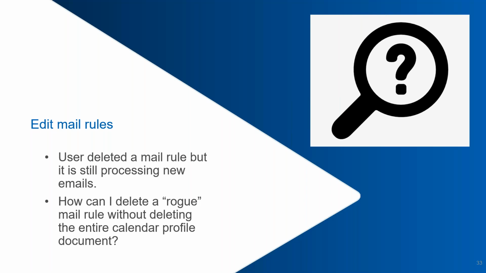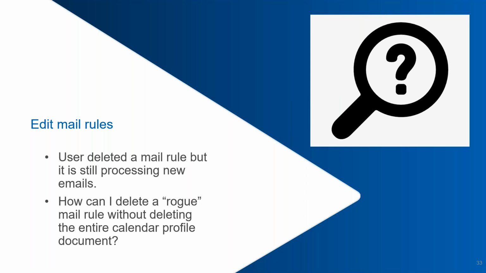However, the problem with mail rules, especially with older releases of Notes and Domino, is they can be a little buggy. If as a user, I have a mail rule and it's running, and then for whatever reason, I decide I want rid of it, well, as a user, I go into my mail rules and I say, delete this mail rule. However, if that mail rule is still enabled at the time it was deleted, it doesn't actually delete out of my mail database.